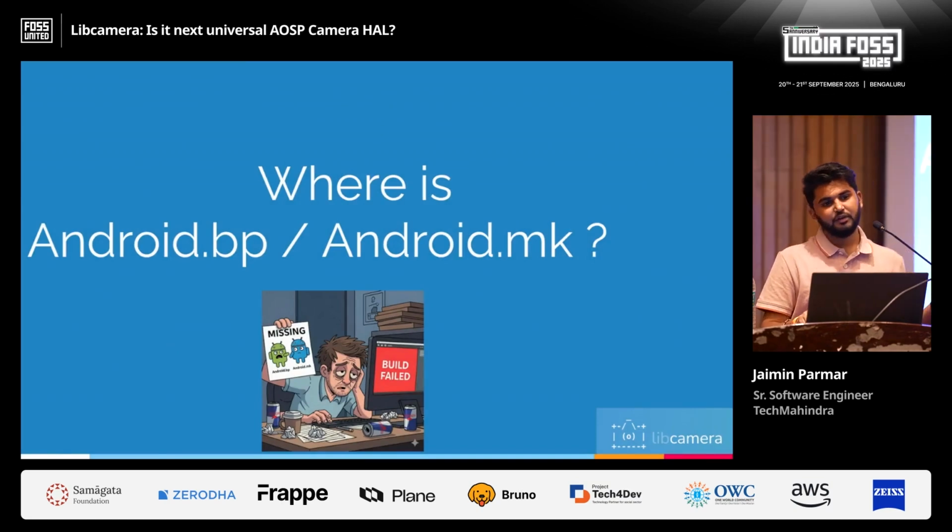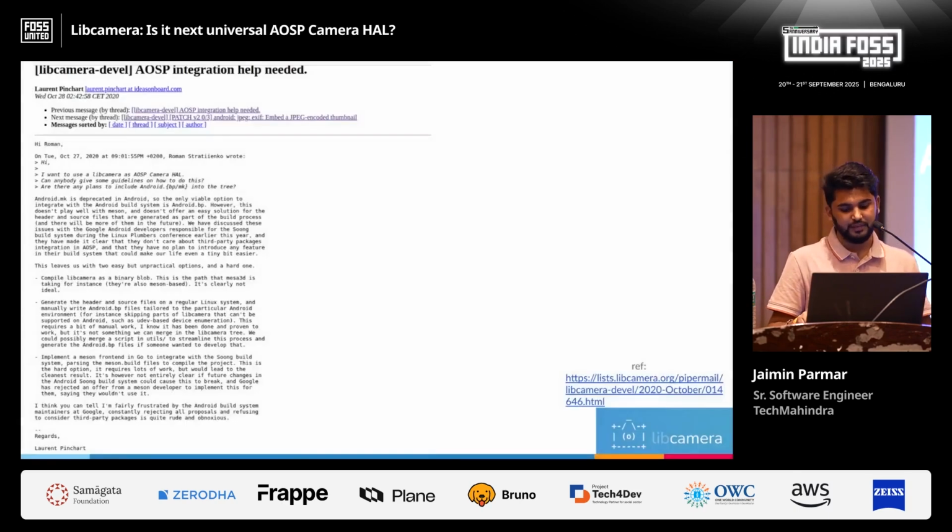But here, for the Android developer, the missing piece is the Android.bp or the Android.mk. It is a Meson based build system, so it does not have an Android.bp or Android.mk. In the community, it has been going on for a long time, how to integrate this into the tree, because we cannot write the Android.bp or Android.mk directly.